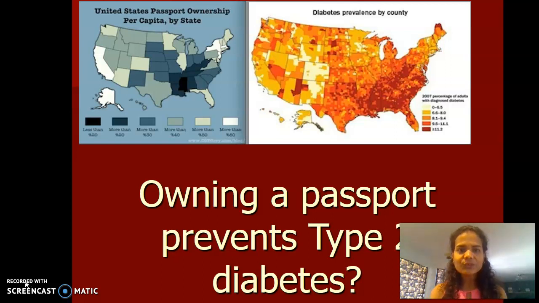The wealthier you are, the more likely you are to own a passport and more likely to travel. The wealthier you are, you're also less likely to have diabetes. So hopefully you get that relationship between how independent variables cause changes in the dependent variable only when they meet those three criteria for causality.